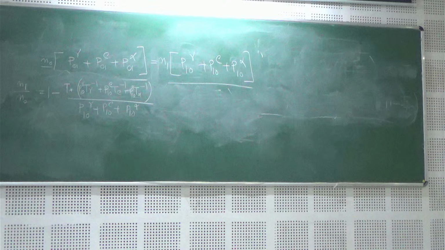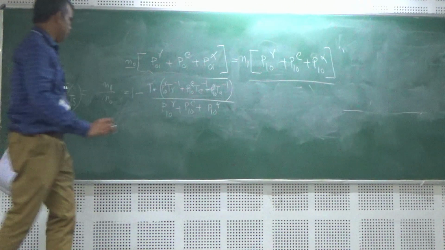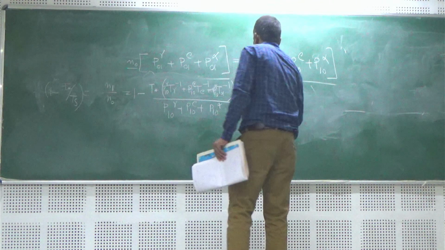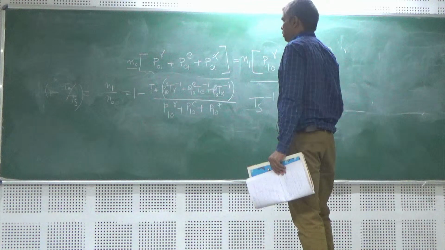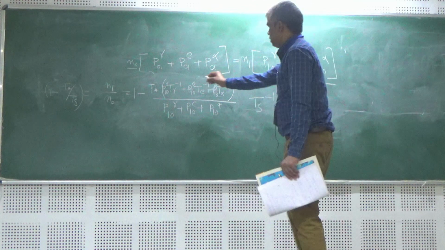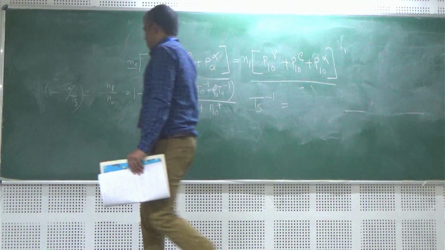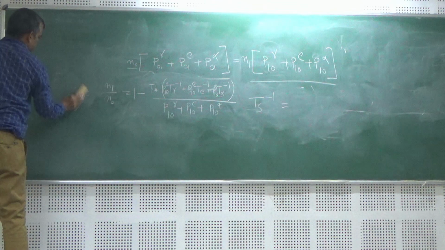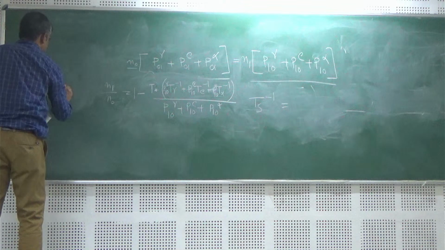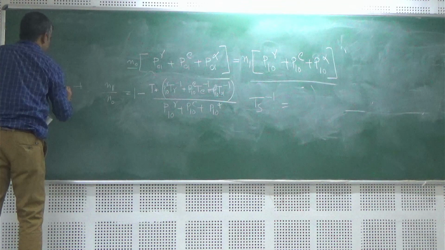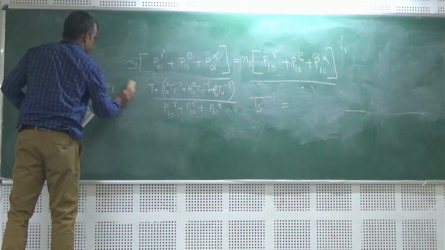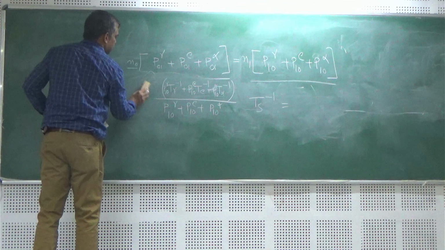Okay. So now if you compare these two relations, you can really write P spin inverse is equal to this term. So basically, 1 by PS is equal to this term.